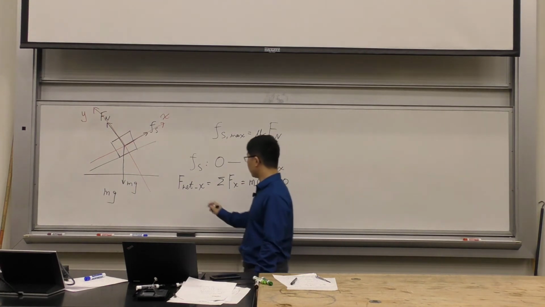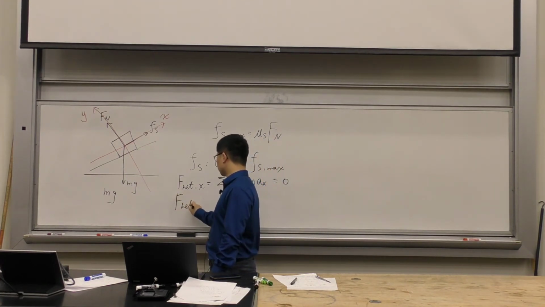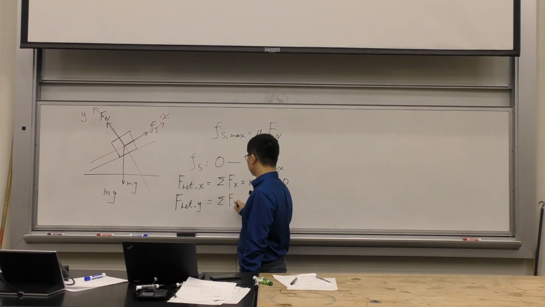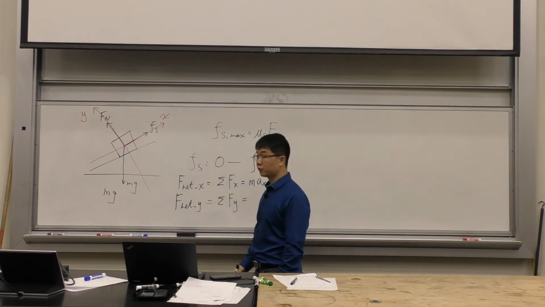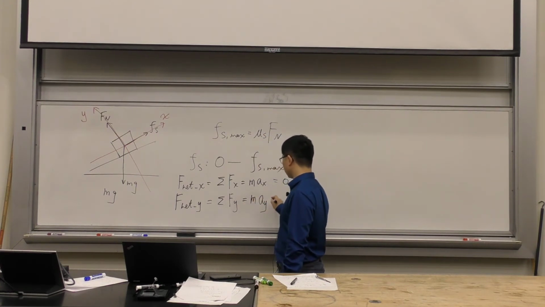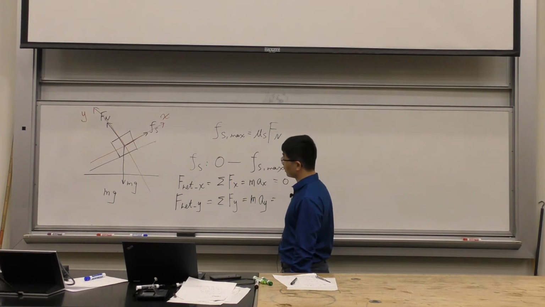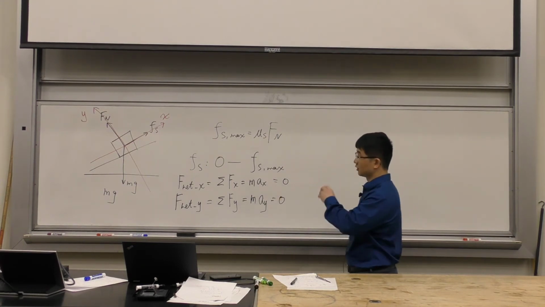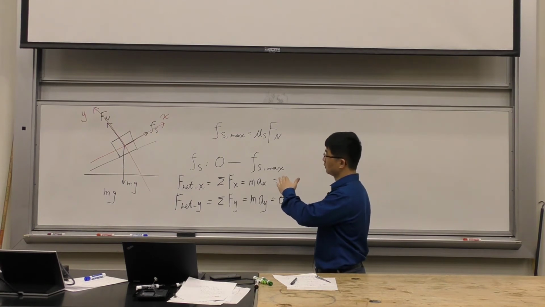And I do the same thing in y direction. Net force in y direction is going to be equal to the sum of all the forces in y direction, and that must be equal to mass times acceleration in y direction. And what is acceleration in y direction? 0. Still 0 in this case, if the object stays on this surface.